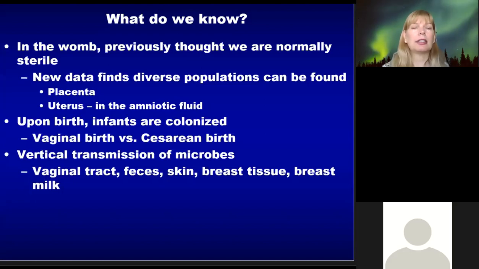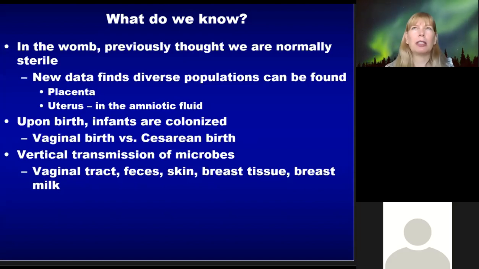And then just the skin-to-skin contact with the baby, with the caregivers, including the mom. And then if the baby is breastfed, you have microbes that are on the breast tissue, and they've actually done some really nice studies showing that microbes are also colonizing in the milk duct area of the breast, and that the breast milk can also have microbes in it, and beneficial microbes.